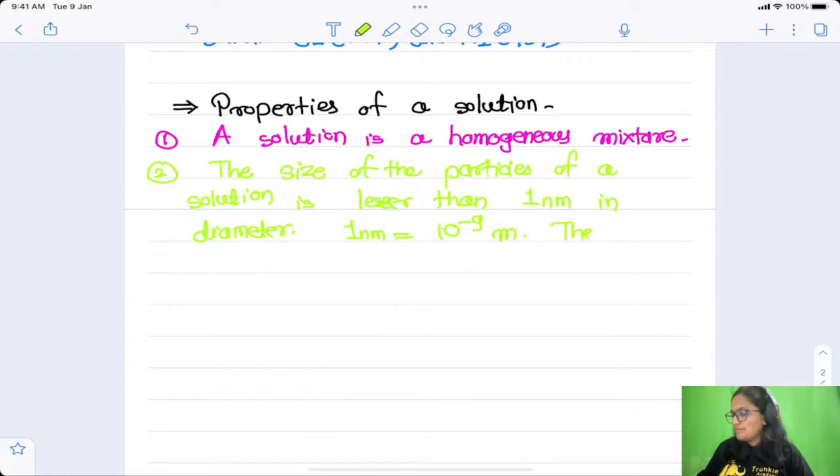Therefore, particles of a solution are not visible to the naked eye.